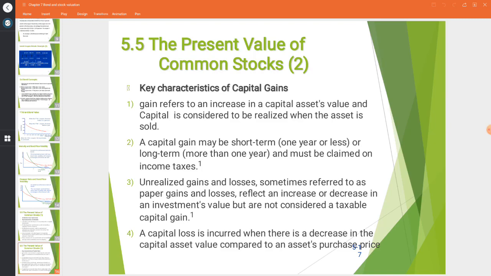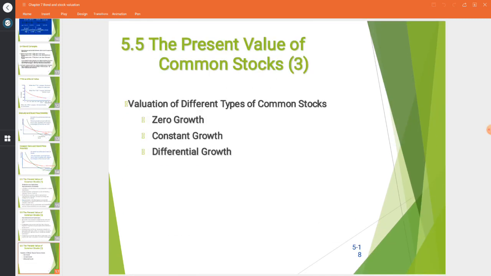A capital loss is incurred when there is a decrease in the capital asset value compared to the asset purchase price. As you see, by holding specific stocks, you could achieve a certain type of capital gain, or a certain type of capital loss.